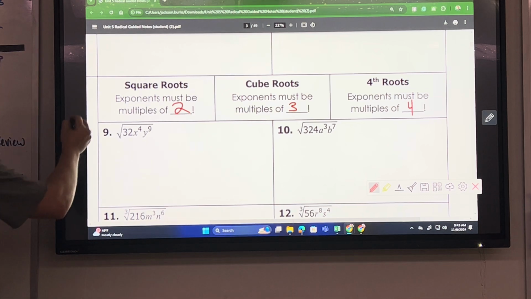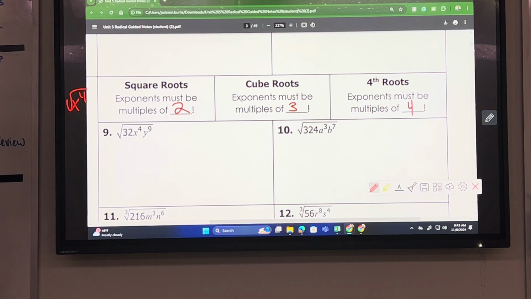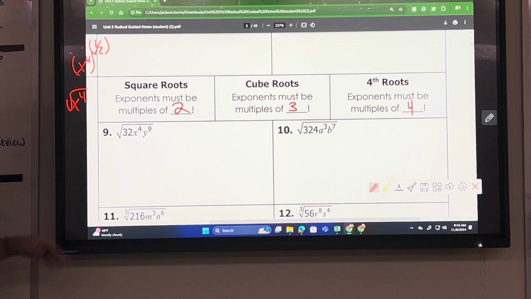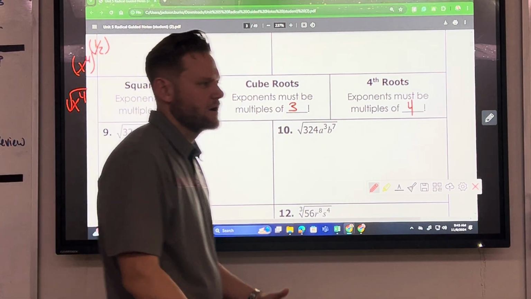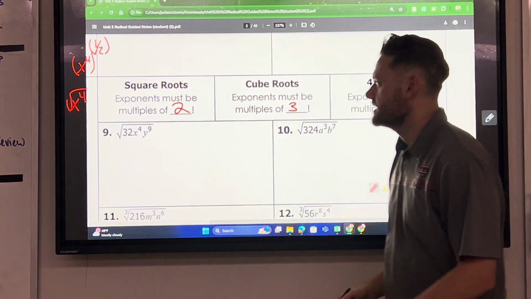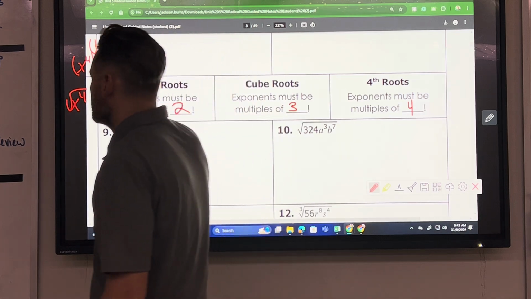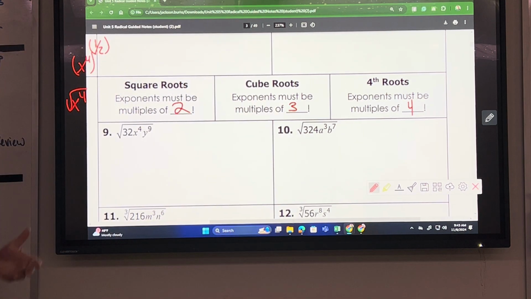When you think about it, if I have x to the fourth, and I have the square root of that, another way I could write that is x to the fourth to the 1/2, right? If I have something that's a square root, I can also say that is to the 1/2 power. Well, knowing our exponent rules, if I have an exponent to an exponent, I multiply.